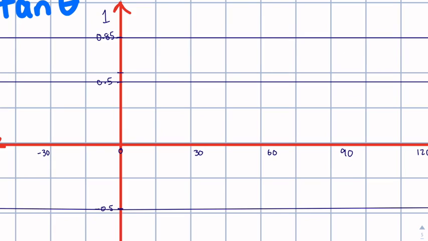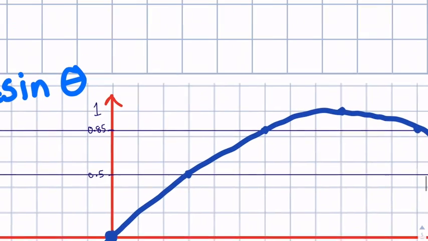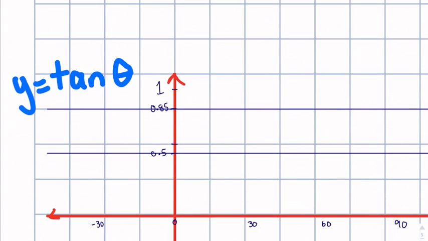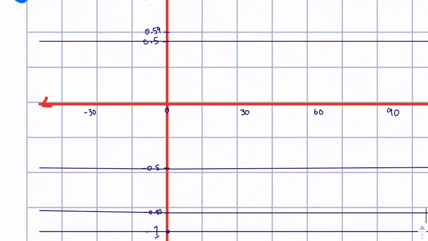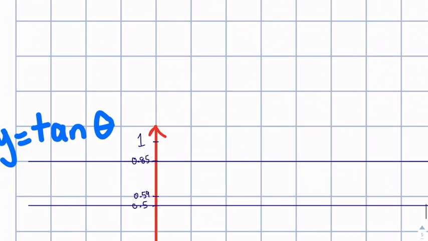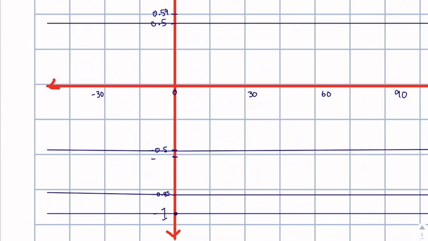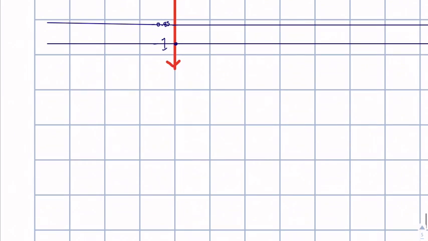Oh, there's one. Wait, where was one? Halfway through that, okay. So there's one. 0.59 I'm going to put here, which means 1.7 I'm going to put here, okay? So I'm going to put minus 0.59 and then minus 1.7.